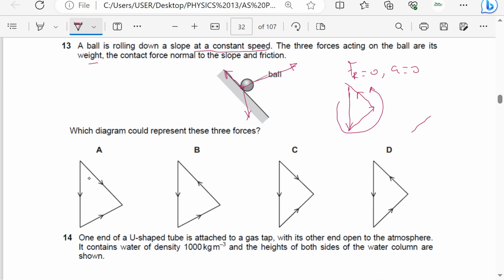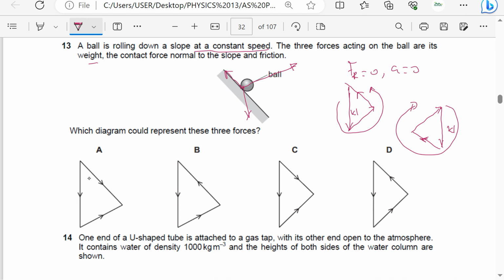Maybe I fix the normal force, and on it I add the weight, which is vertical downwards, and then I add the friction force, which is in that direction. The weight is always vertical downwards. So this will also form a closed triangle. So it is always a closed triangle.